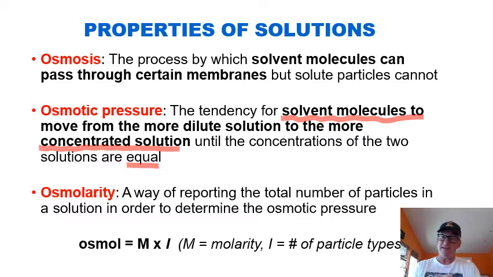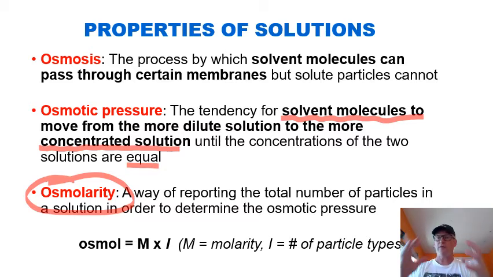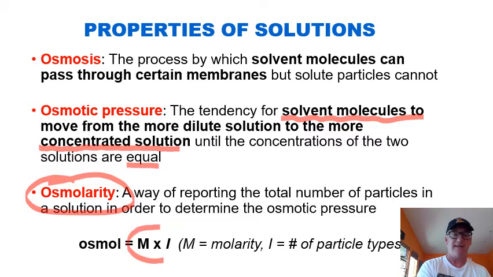Now instead of talking about just molarity, we're talking about osmolarity. So osmolarity basically takes into consideration all the particles in a particular volume, not just salts or sugars or whatever, ions, all of them together. We have to take all the concentrations of all the different particles and add them together to get the osmolarity, okay?